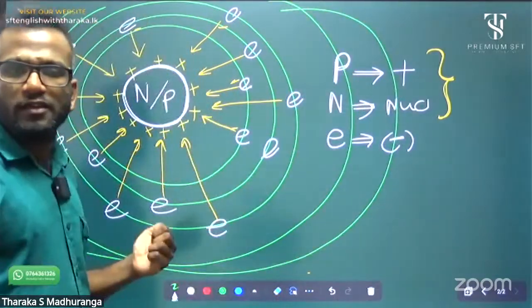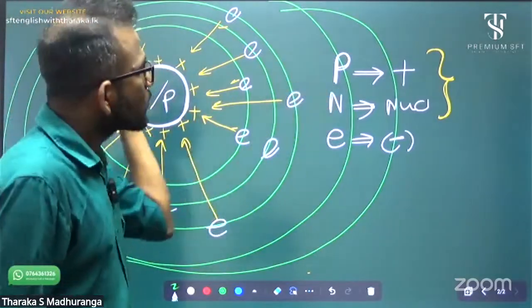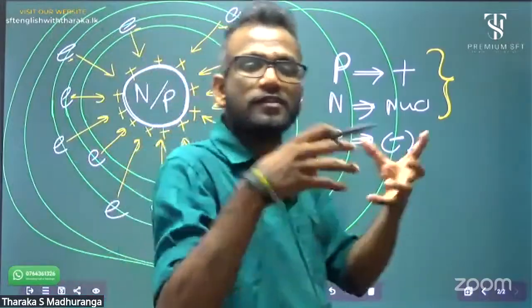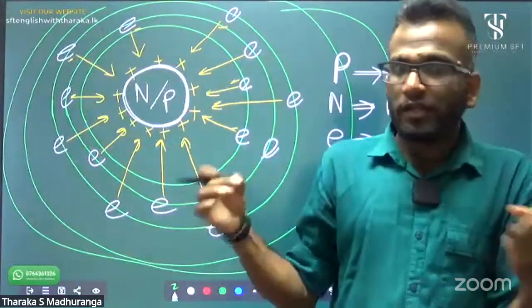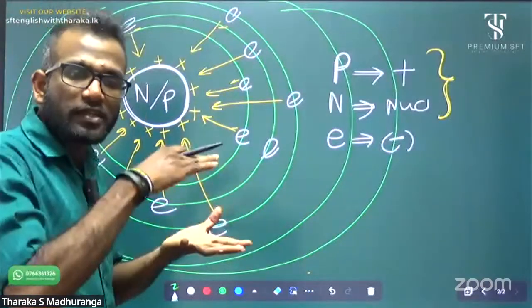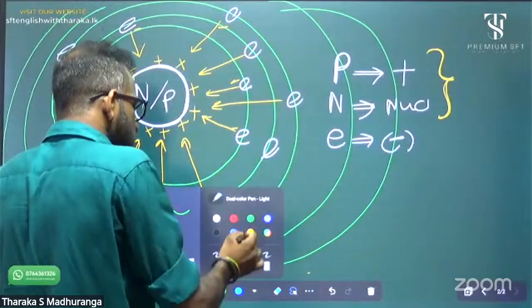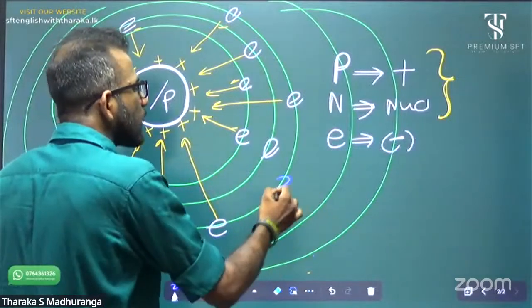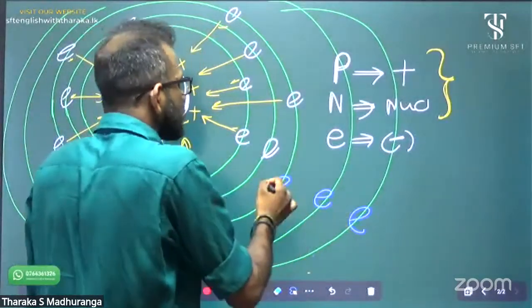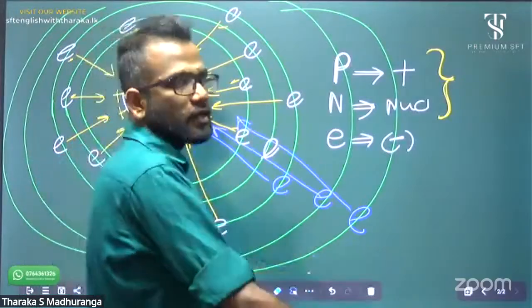When we increase the energy level, what happens? The distance from the nucleus increases. Due to this distance, the attraction power is decreasing. The electron attraction power is decreasing.